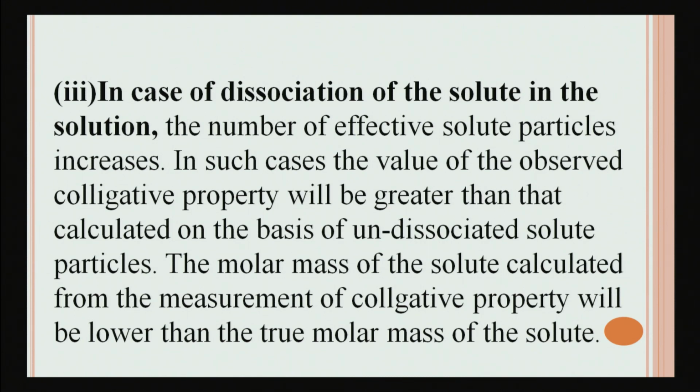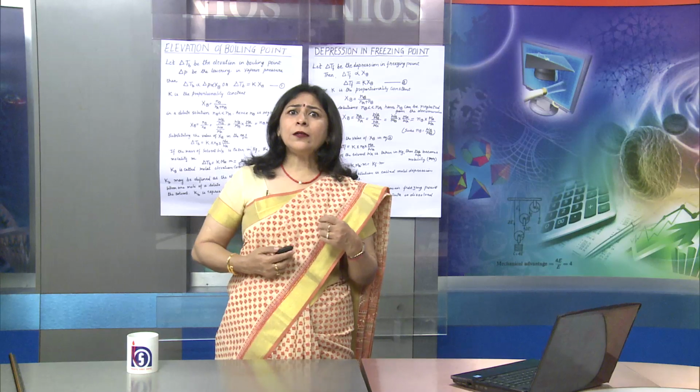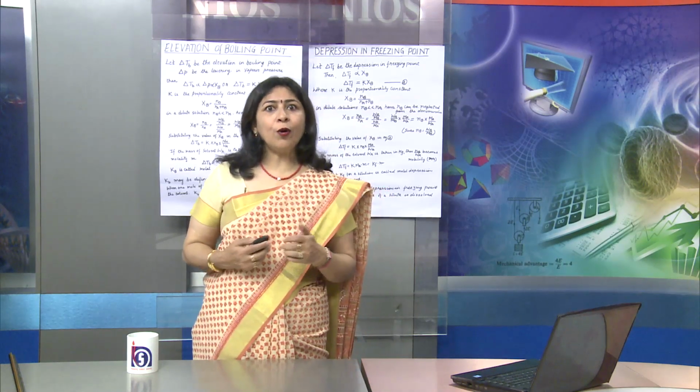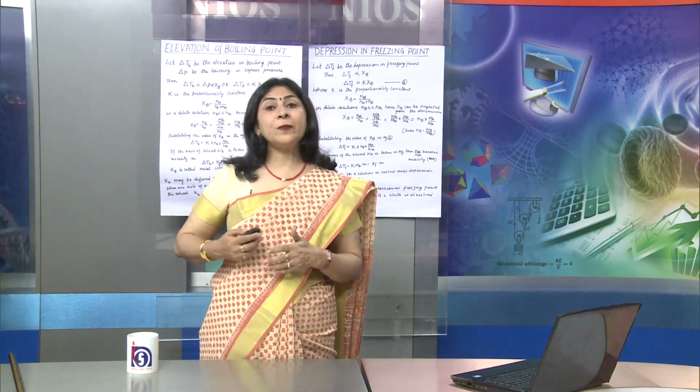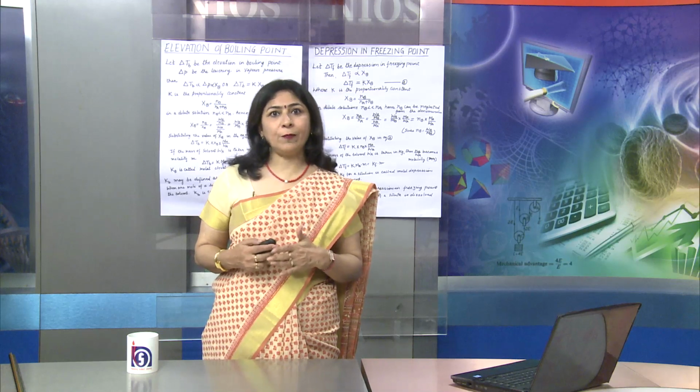So, the molar mass of the solute calculated from the measurement of colligative property will be lower than the true molar mass of the solute. Hence, the value of molar mass is either lower or higher compared to the expected or normal value and is known as abnormal molar mass.